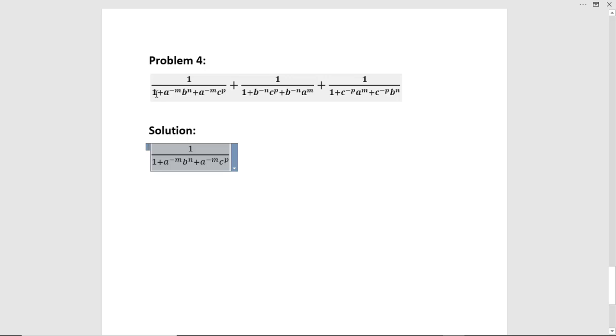multiplied with 1, that is a to the power m, and this a to the power minus m will be cancelled by a to the power m, and also this a to the power minus m will be cancelled by a to the power m.